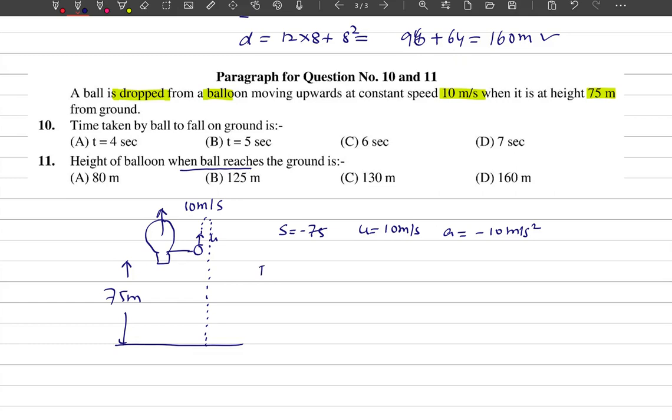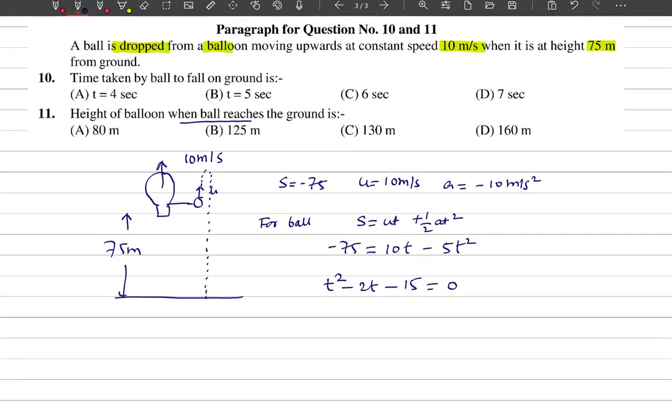ठीक है, so for ball we will use s equals to ut plus half at square and put the values. Minus 75 equals to plus 10t minus 5t square. ठीक है ना, 10 upon 2 5 हो जाएगा. So this is coming 5t square minus 10t minus 75 equals to 0. ठीक है, तो ये 5 into 3 हो रहा है.